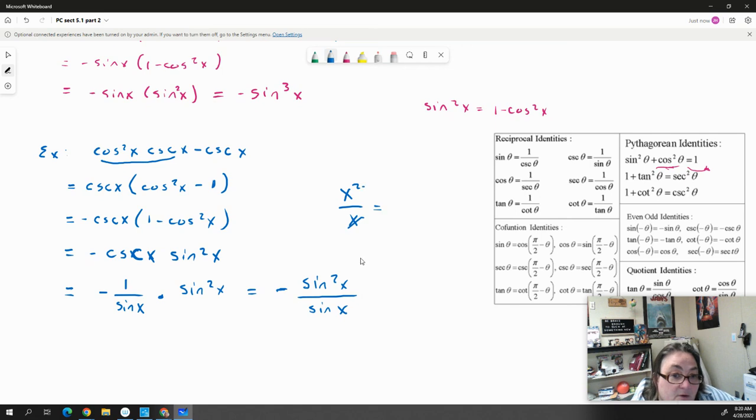This one cancels out one of these, and I'm just left with x. The same thing happens here. I have 2 sine x's on top, and I have 1 on the bottom. So this is going to cancel out one of these, and I'm going to be left with negative sine of x.